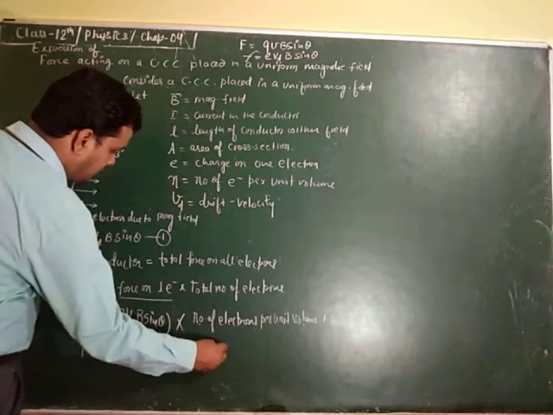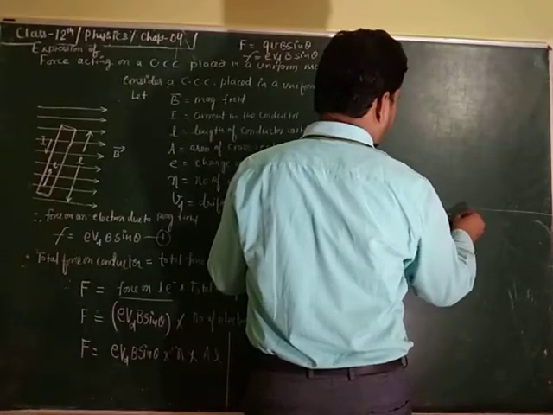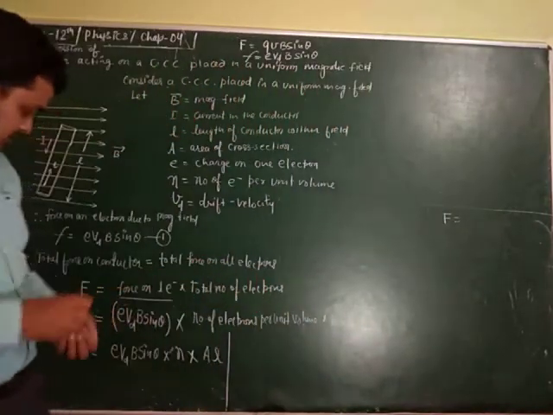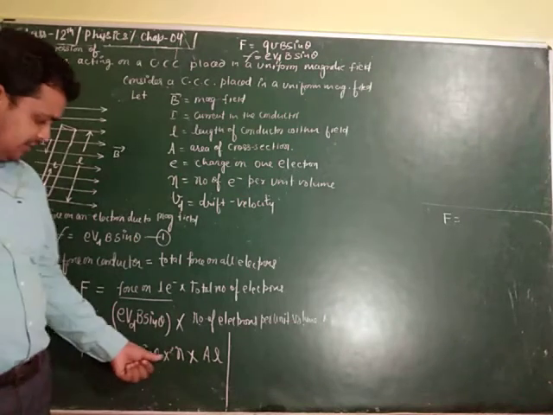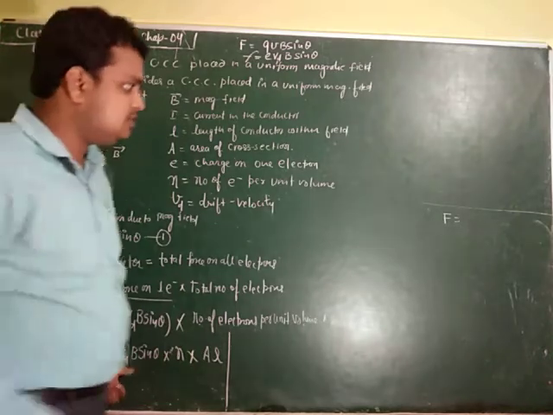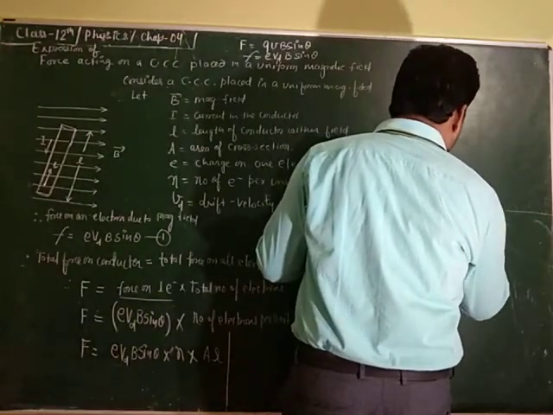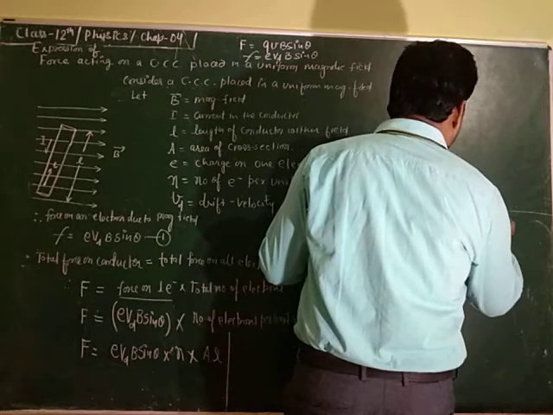Volume is equal to area into length. So F is equal to, can we write n e A v_d together? You will ask why, but let me write it first. So I will write n e A v_d.